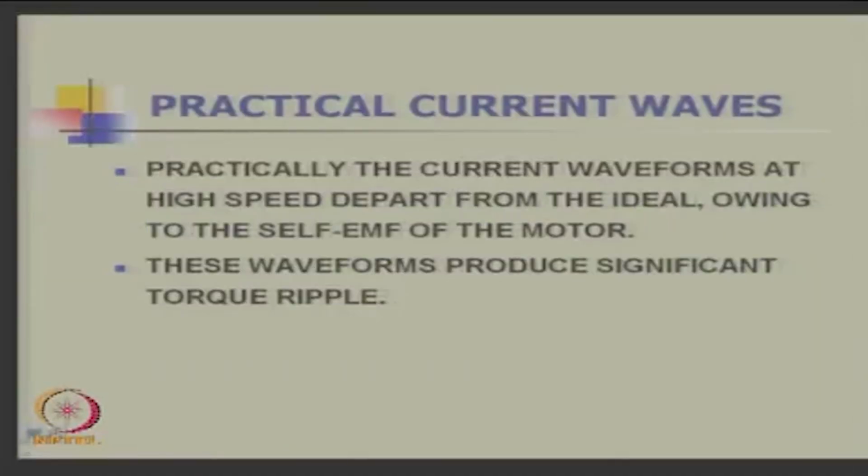Practically, at high speed, the current waveform is not that ideal. It depends upon the speed also, because there is a back EMF, a speed voltage also generated in the coils. How will the current rise or fall? You have a voltage equation, V = Ri + dλ/dt, isn't it?